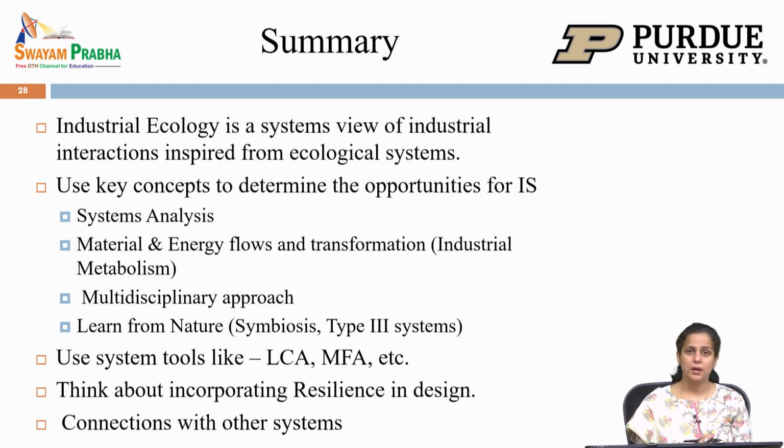We are thinking about a new paradigm for design of sustainable system, which is that we look at industrial systems as part of an industrial ecosystem where all the industries are interacting with each other in terms of matter and energy.